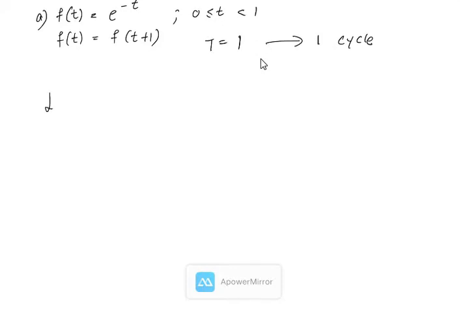So to solve this question, the Laplace transform of f(t) equals, you can use the periodic function formula. Based on the formula, you get 1 over 1 minus e to the power minus sT, and then T is 1, so it's 1 minus e to the power negative s, and the integration from 0 to 1 of e to the power negative st, e to the power negative t dt.